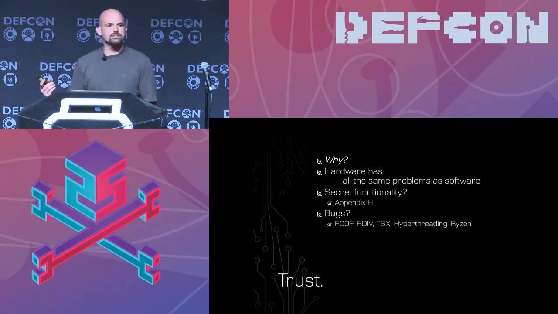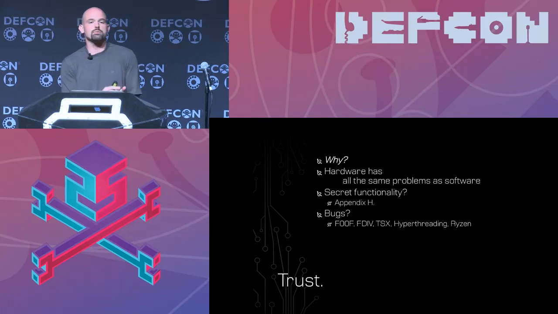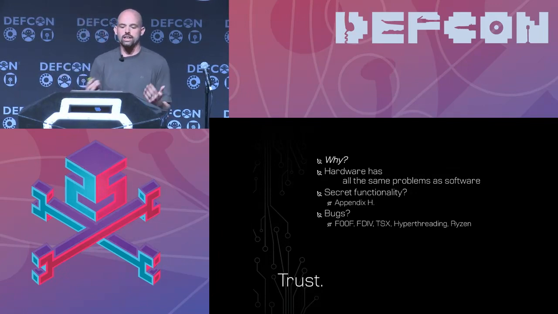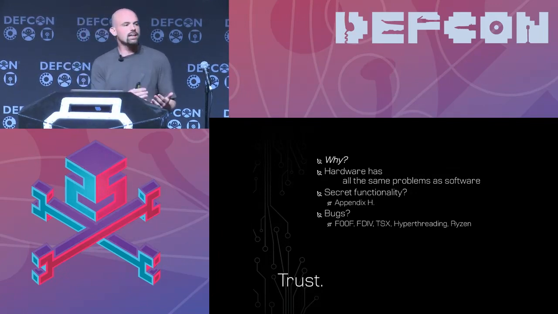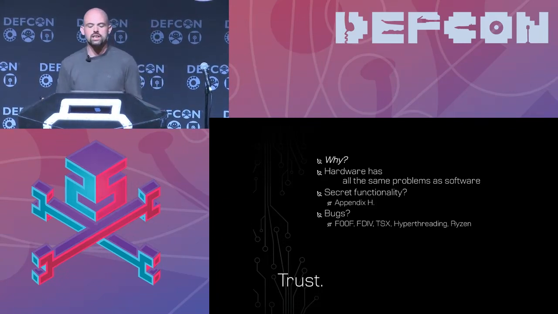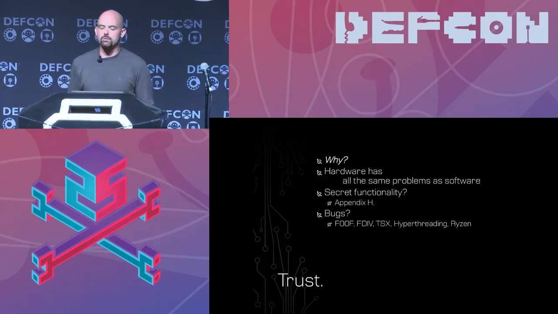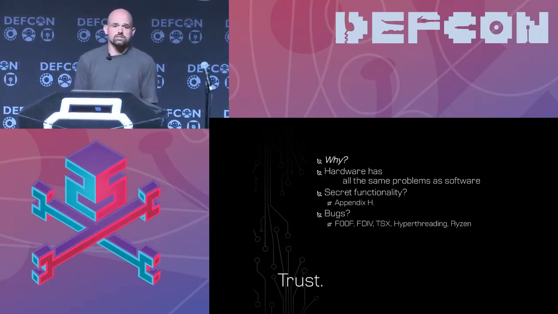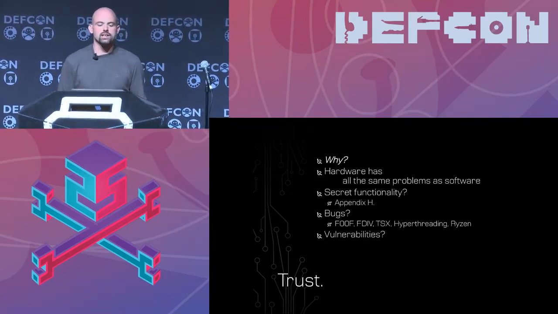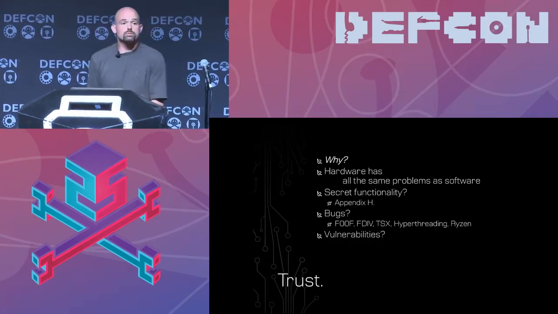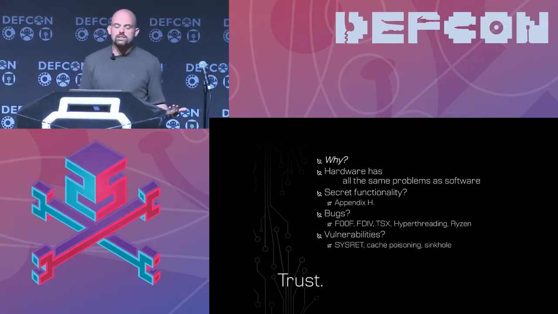The TSX bugs in the Haswell architecture, Intel had to completely disable transactional memory support in Haswell because of these bugs. Skylake has hyper-threading data corruptions. The Ryzen processor is crashing and faulting under heavy FMA3 operation loads. Modern processors have tons and tons of bugs in them. What about vulnerabilities? We worry about vulnerabilities in software. Hardware's got those too.